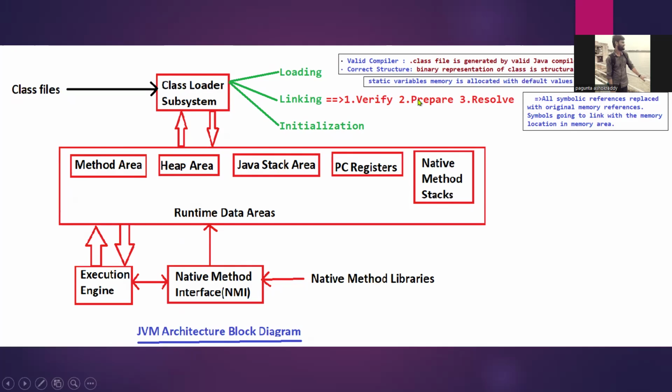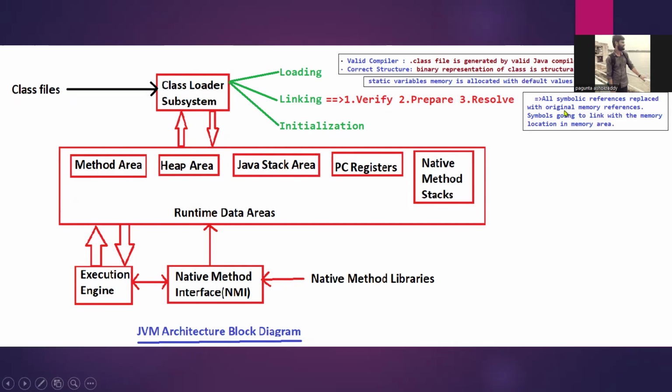Then the second one is prepare. It allocates memory for static variables and loads them with default values based on their data type, the default value of the static variable. Then the third one is resolve.